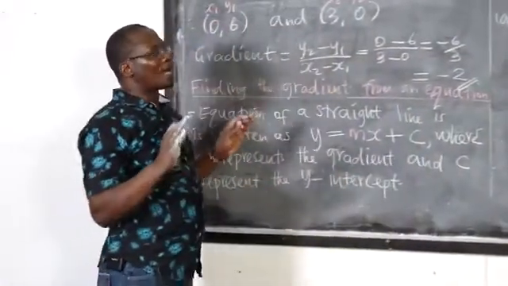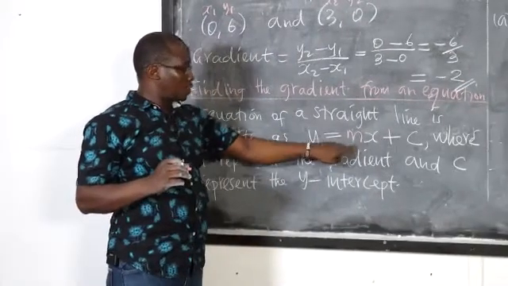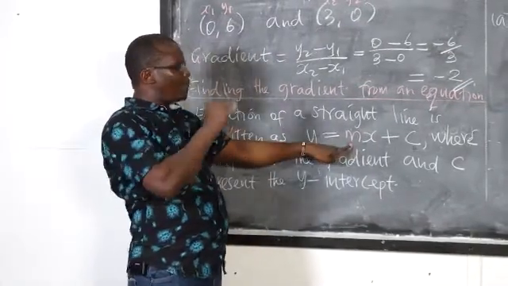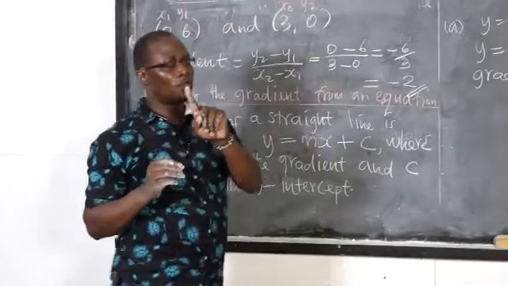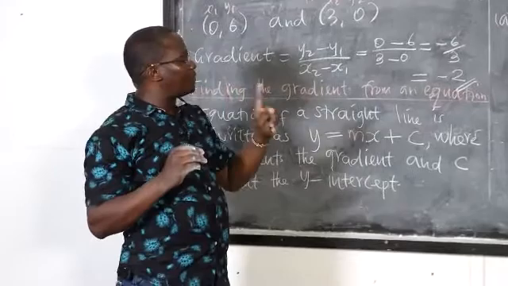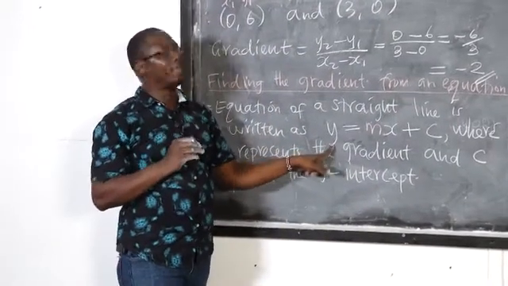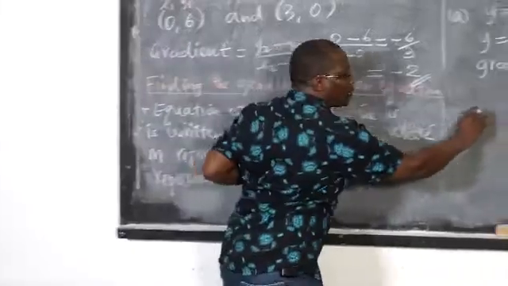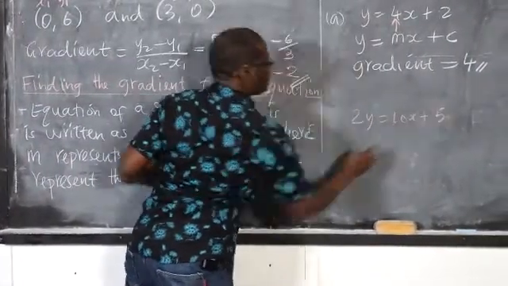So you just need to use your eyes. m is the coefficient of x. Coefficient of x means the number in front of x. And take note, you need to make y the subject of the formula first. You can see from the equation, we have 1y. At times, for example, they can give 2y equals 10x plus 5.